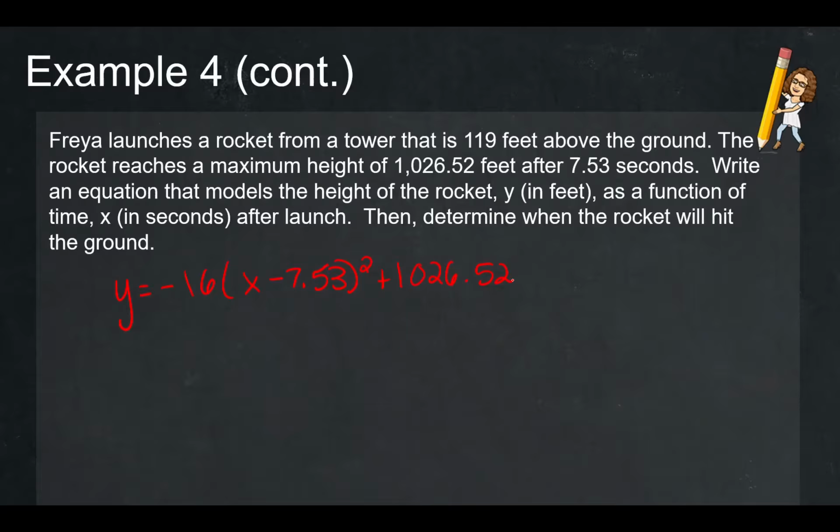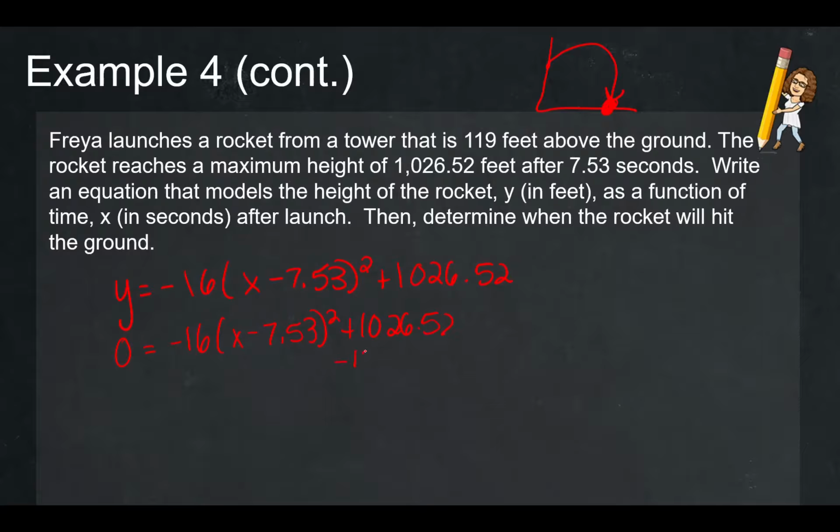So if we draw our picture again, I need to know right here, aka I want to know the x-intercepts, which means I want y to be equal to 0. So I'm going to say 0 equals negative 16(x minus 7.53) squared plus 1026.52.